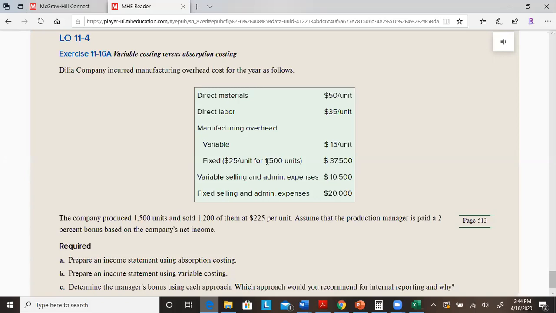And then when we're talking about cost of goods sold, I'll do materials first: direct materials, direct labor, and then your manufacturing overhead. Okay, so direct materials is $50 a unit, and direct labor was $35 a unit.